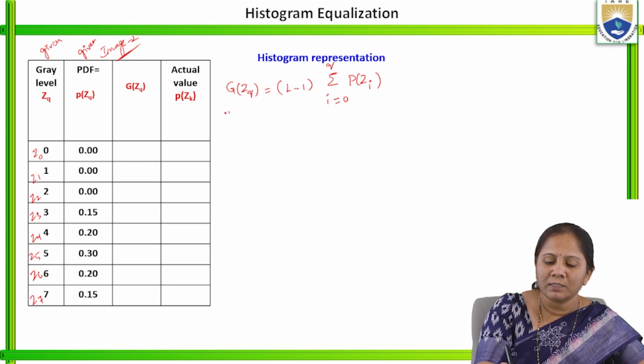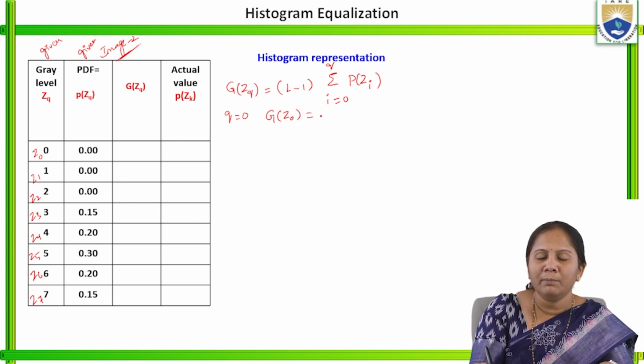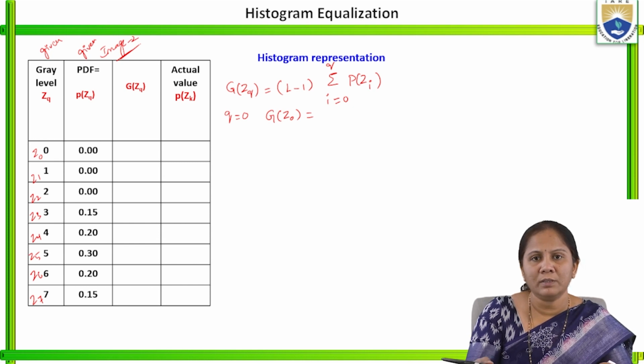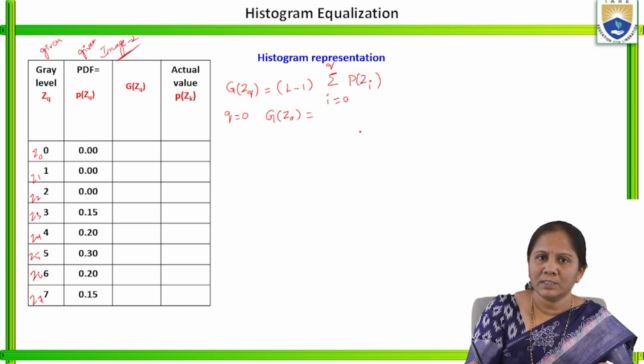Initially let us start from Q equal to 0, and whatever we get we place in this column. Here, as we are dealing with a 3-bit image, L minus 1 is the maximum value, which is 7, extending from 0 to 7.